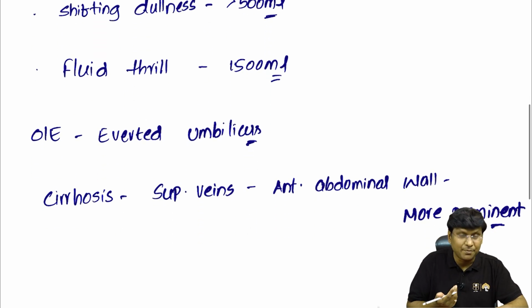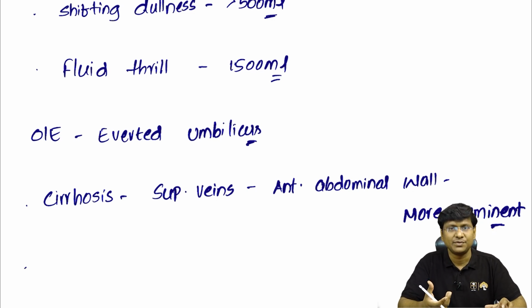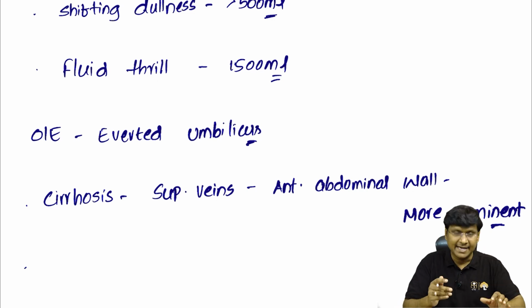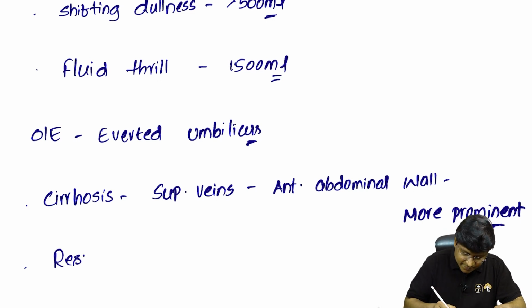The problem with ascites is that whenever there is excessive accumulation of fluid in the peritoneal cavity, the excess fluid will push the diaphragm up and cause compression of the lung parenchyma, resulting in the development of respiratory distress.